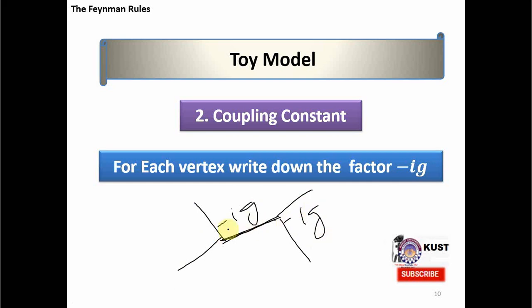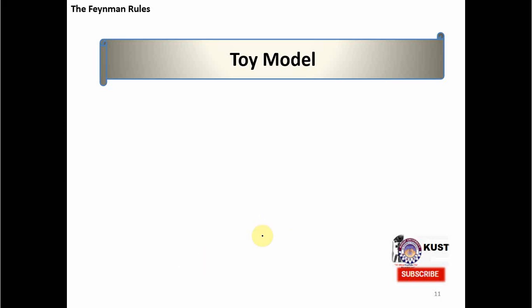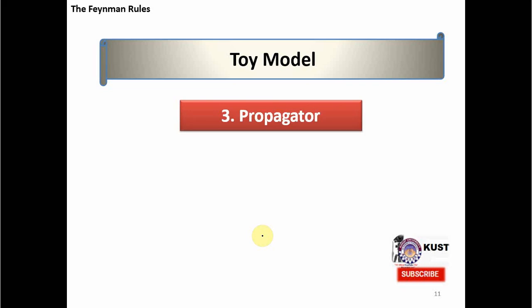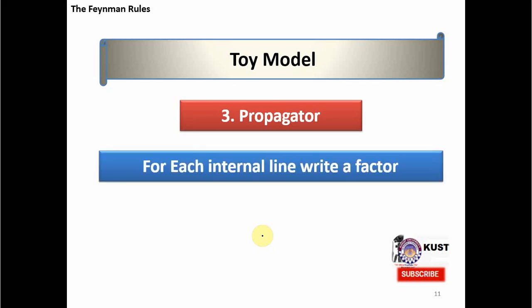So it depends upon the number of vertices we have. If we have more vertices, every vertex will contribute minus ig. Okay, so after writing down the coupling constants for each vertex, the next rule is to calculate the propagator, or to write down the propagator.